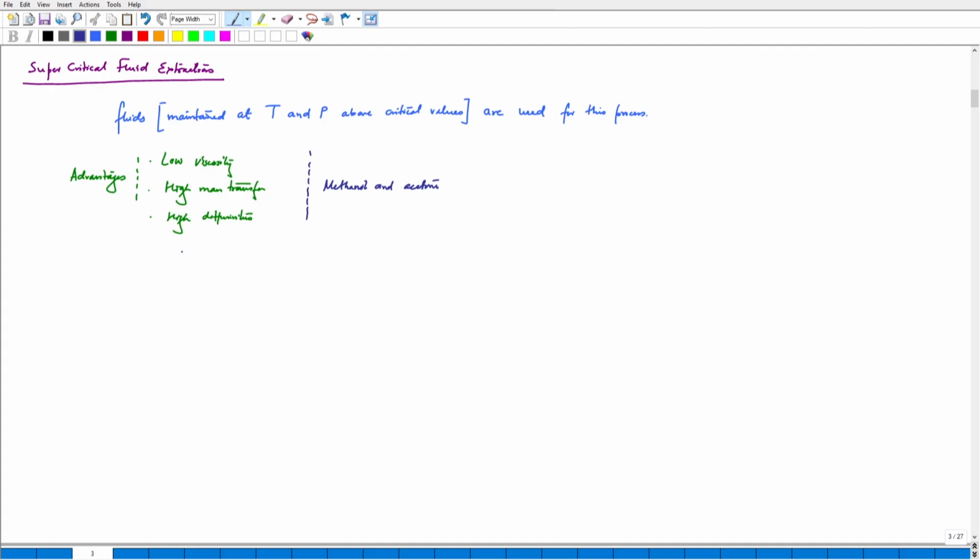So, we see that the use of water, so the process is called supercritical water.